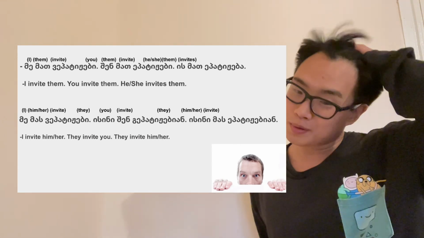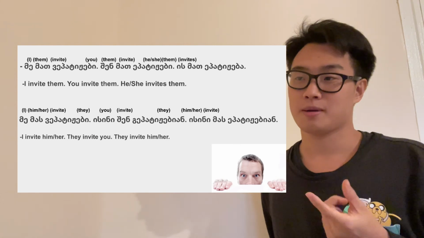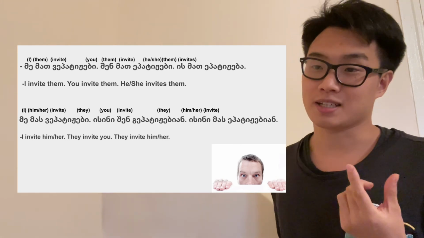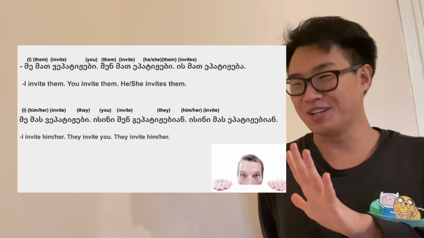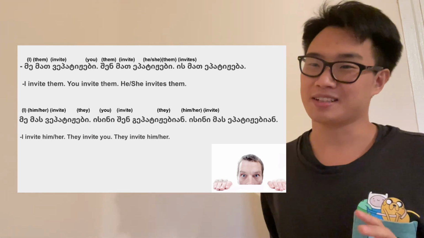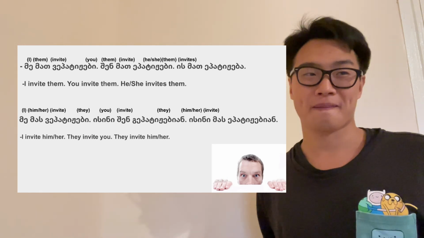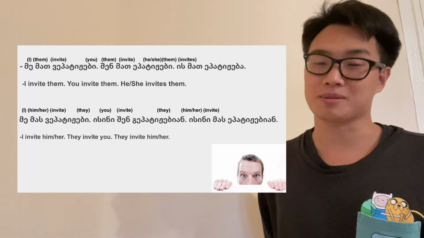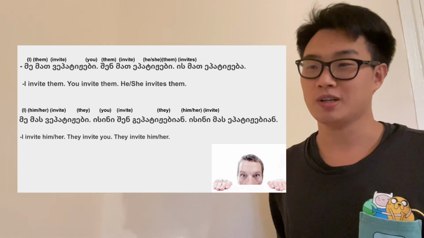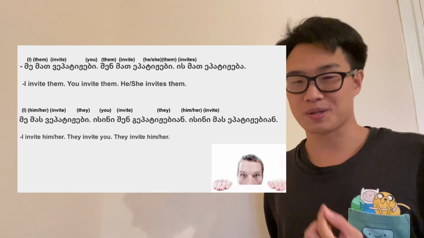So we've been through only the verb conjugation for the verb to invite. As I told you, it's kind of complicated because our languages, Japanese and English, don't have this kind of grammatical category, so it might take some time for you, and for me as well, to have a better understanding.